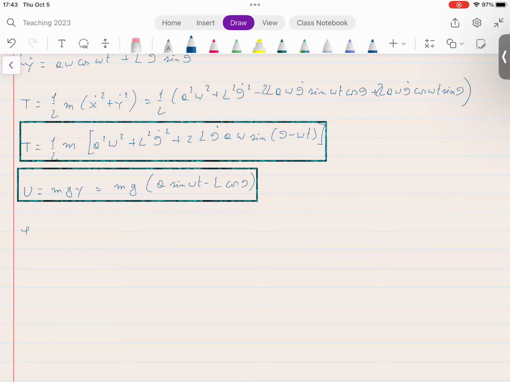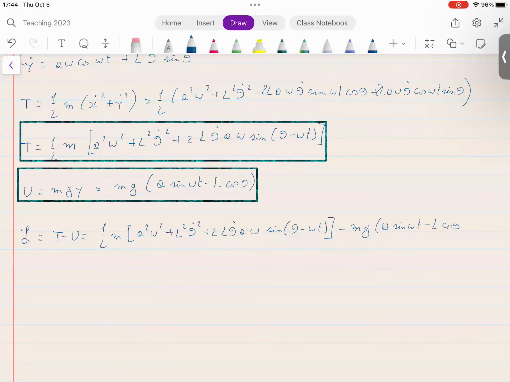And then I can write the Lagrangian as T minus U. So 1/2 of m, a square omega square plus L square theta dot square plus 2 L theta dot A omega sine of theta minus omega t, minus m g A sine omega t minus L cosine of theta.